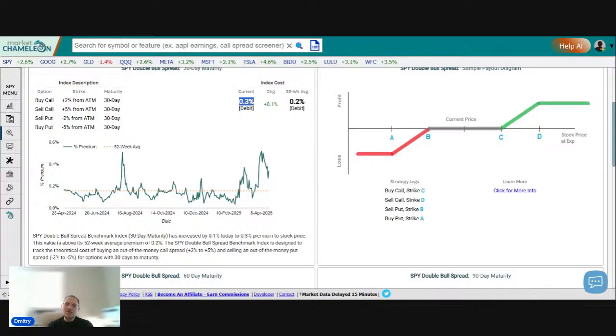If the cost is going up on the bullish, it means the markets are now lining up the options for a more bullish or upside outlook. So as this is going up, the skew is implying a more bullish outlook. As this is going down, it's implying a more bearish outlook. That's the insight we could get from tracking this spread.